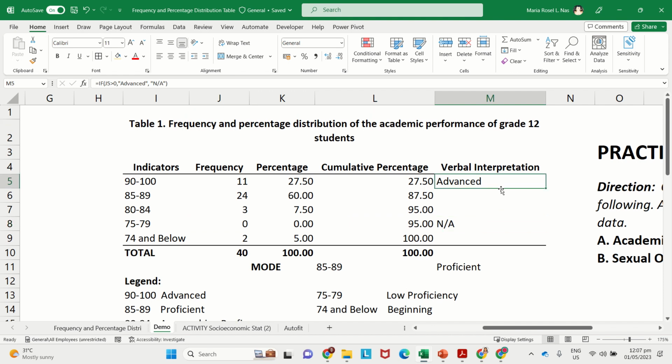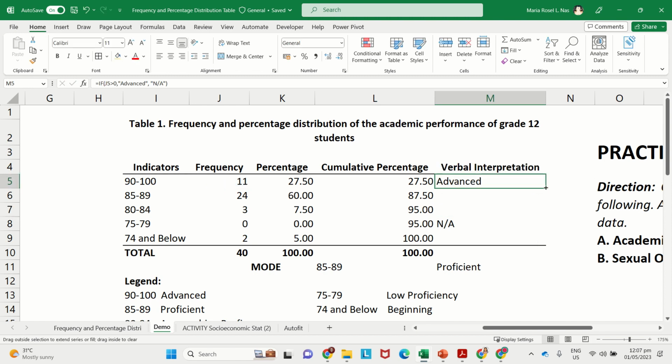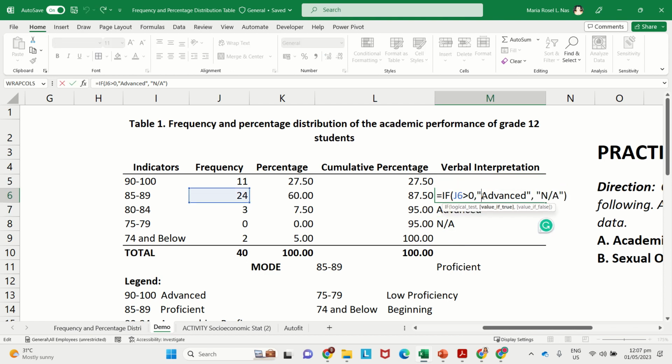So we can just edit the function here and copy it to the remaining cells. For example, if I copy it here, instead of advanced, I can just replace this with the corresponding description, which for 85 to 89 should be proficient.